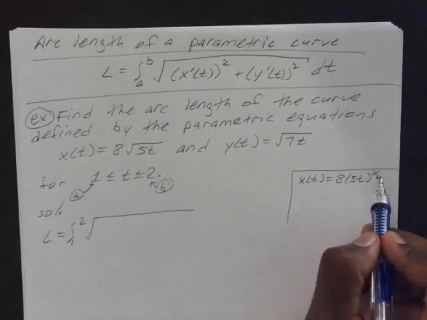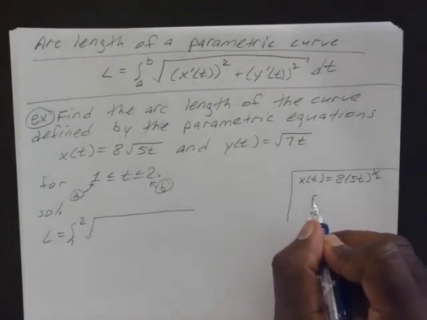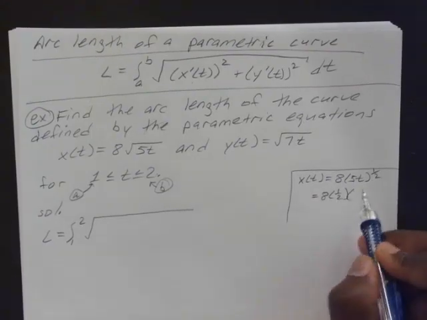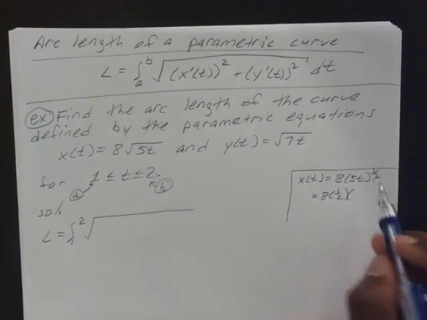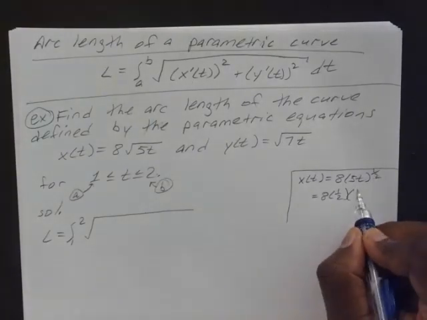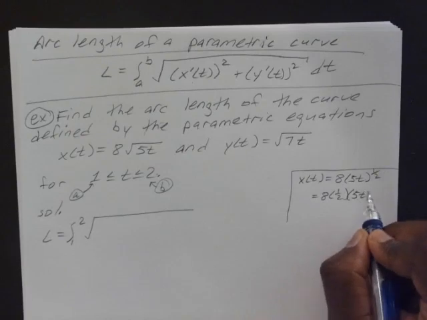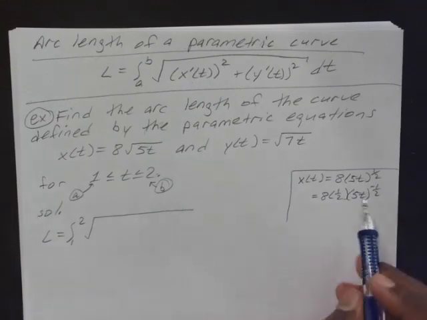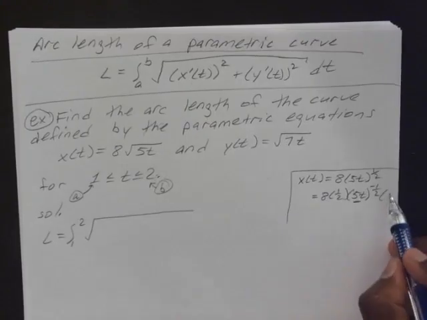So if we bring down the exponent, that gives us 8 times 1/2 times 5t to the power of 1/2 minus 1, which gives us 5t to the negative 1/2 power, times the derivative of what's inside, which is 5.